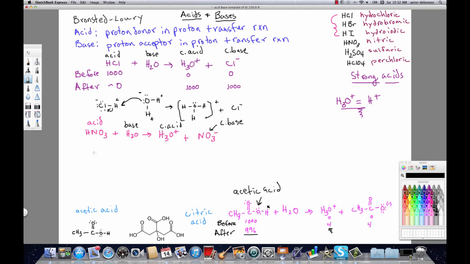Now, if we look at the Lewis formulas for these, the nitric acid is going to look like this.